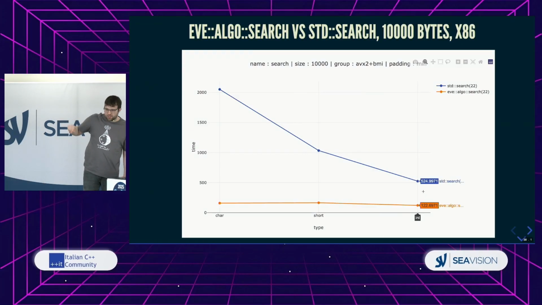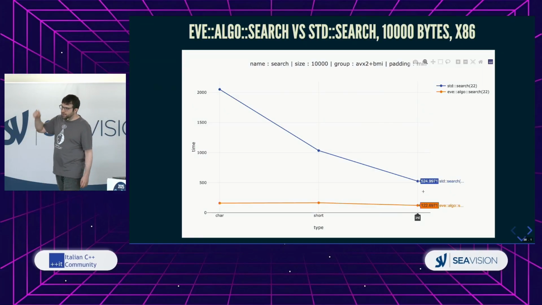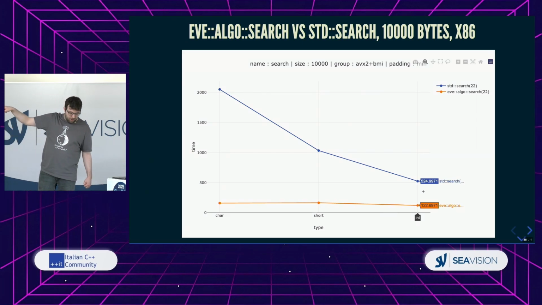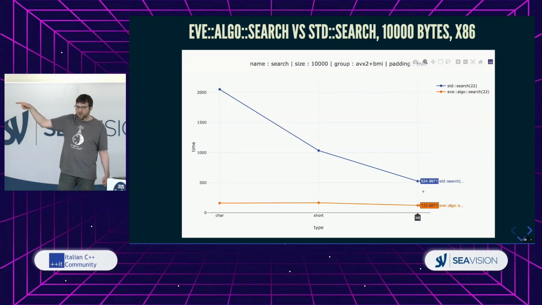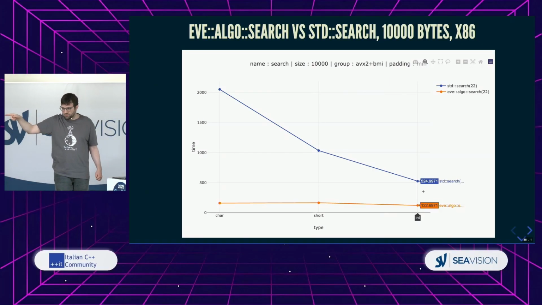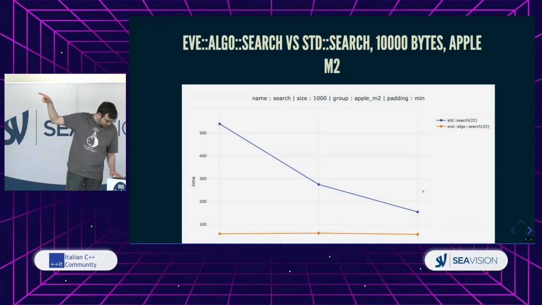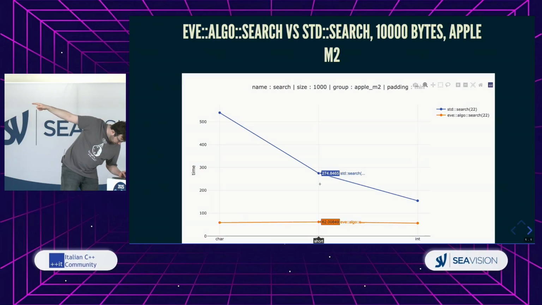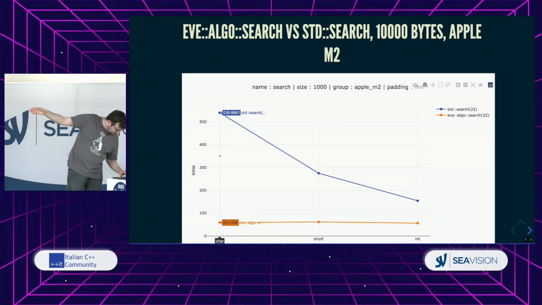And for integers, it's about 4 times faster. So again, you can find a subsequence in a sequence of integers for 10,000 bytes, which is nothing, like 4 times faster than the standard search. Okay? Just plug in an algorithm. This is mismatch, 3 times for integers, 4 times for shorts, and 10 times for chars.